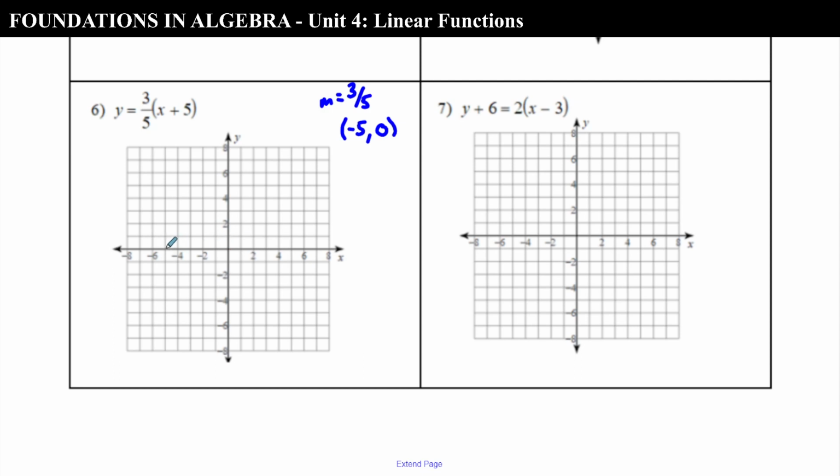So -5, 0 will go here. And we're going to do our slope of 3 over 5. So rise of 3, run of 5. 1, 2, 3, 4, 5. And we are going to plot our line through the points.